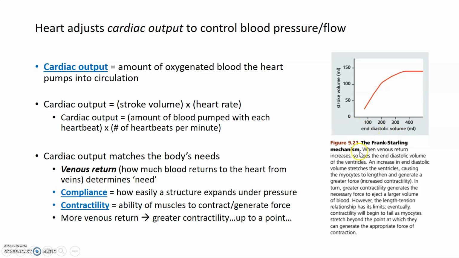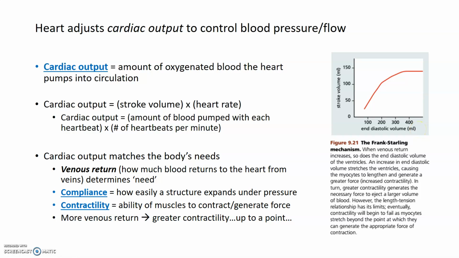And so you can see here, according to this Frank-Starling mechanism, that there's only a certain level of stroke volume that the heart can really achieve before it starts to affect the ultimate cardiac output.